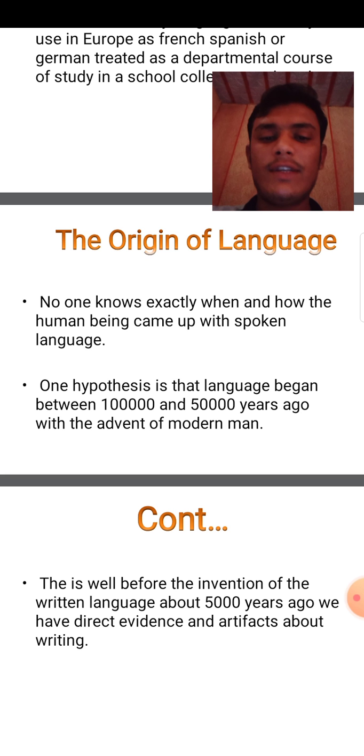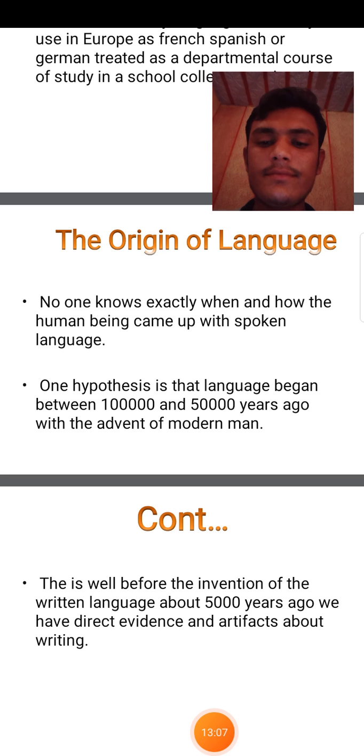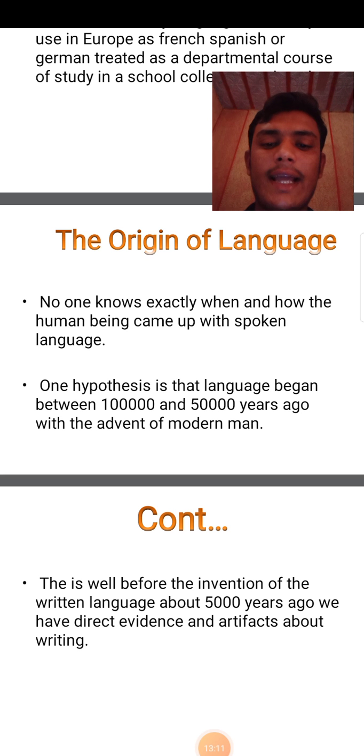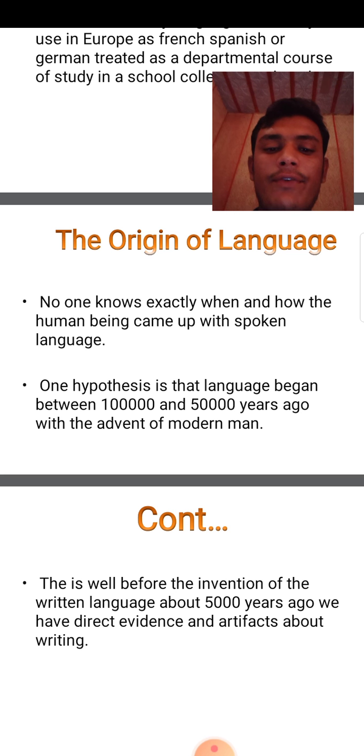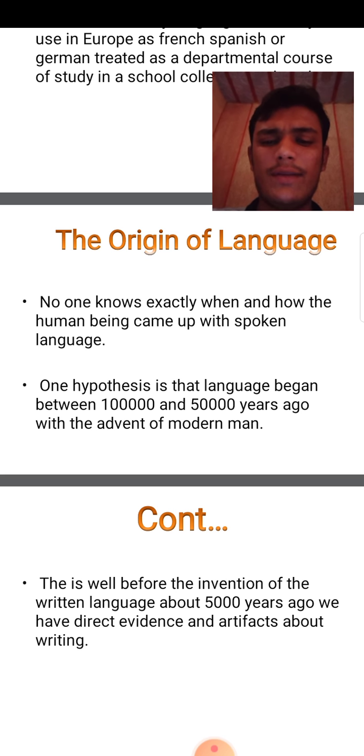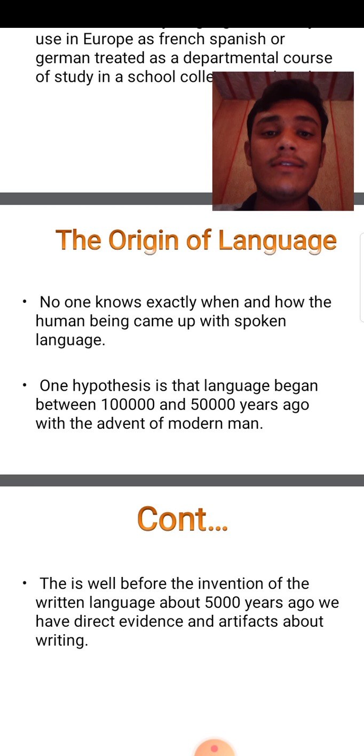The origin of language elaborates that, on the number 2 slide, one hypothesis is that language began between 100,000 and 150,000 years ago with the advent of modern man. The language is very old.